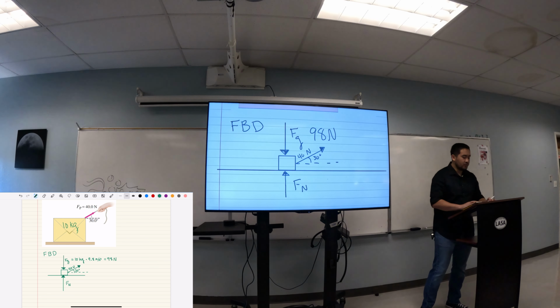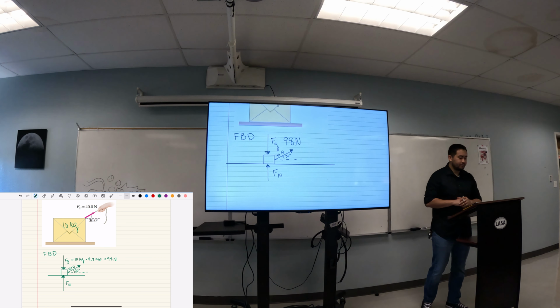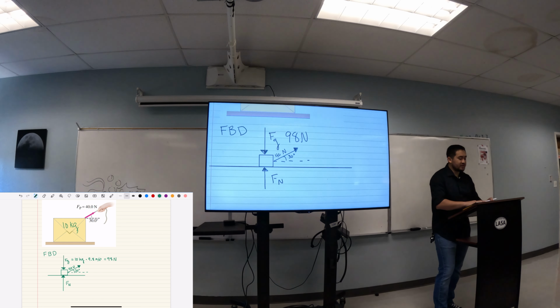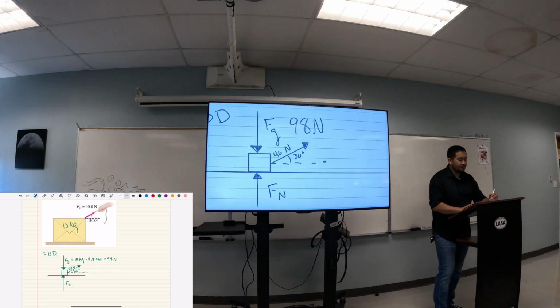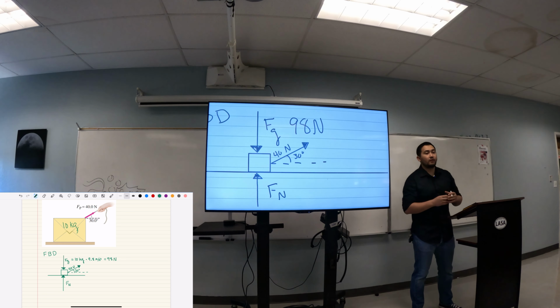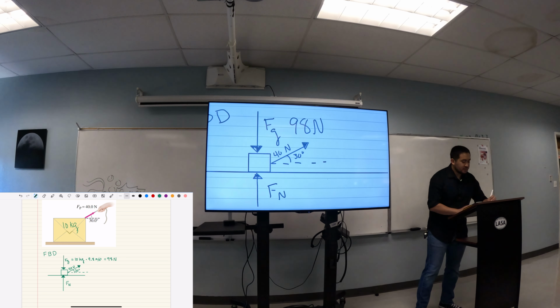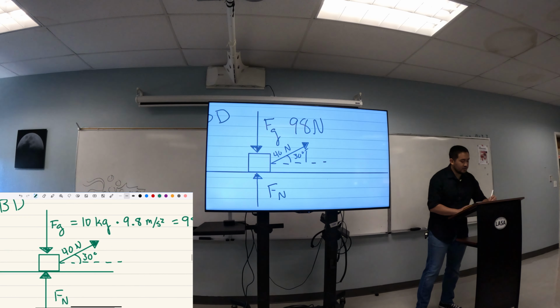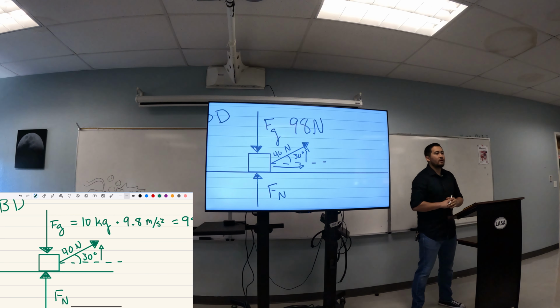All right, so now we've given our free body diagram, and this should help us to see that our applied force of 40 newtons must have some vertical component in this direction and some horizontal component in this direction. Do you guys agree with me? Good.